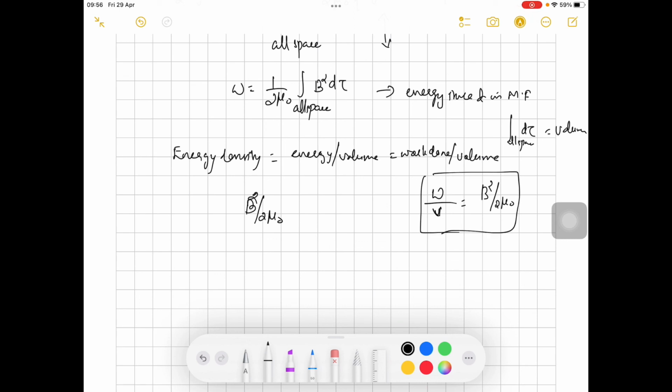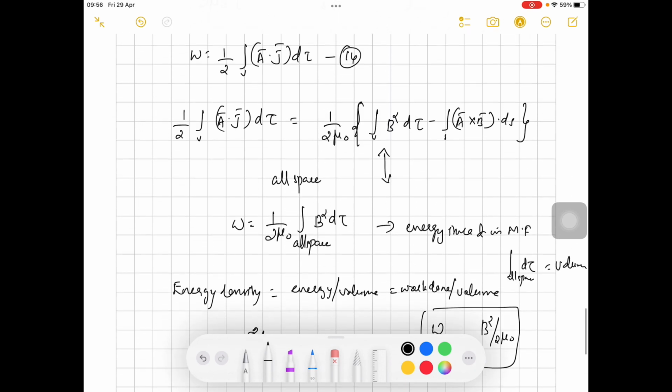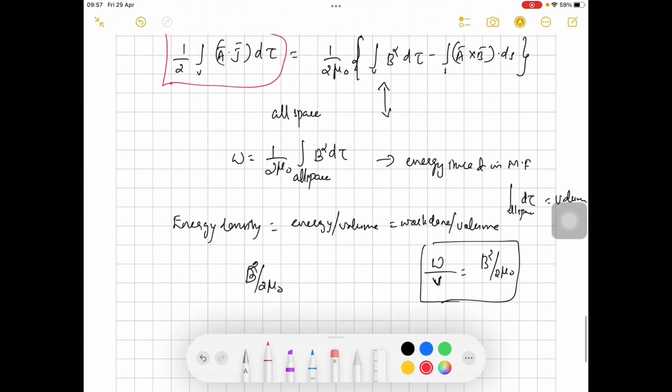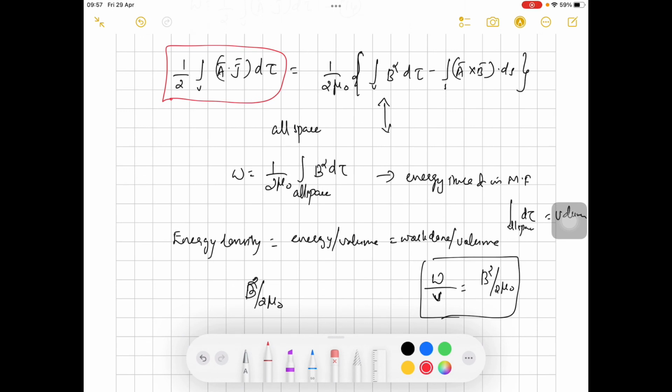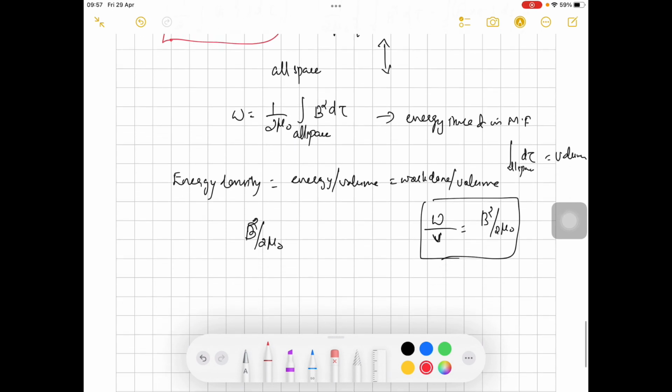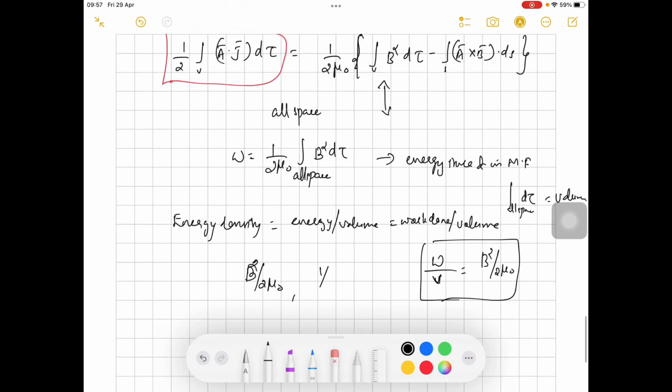So B square by 2 mu 0 will be the energy density from this equation. And if you consider the other equation, remove the volume integral and d tau, and the remaining term is the energy density, that is, 1 by 2 A dot J.